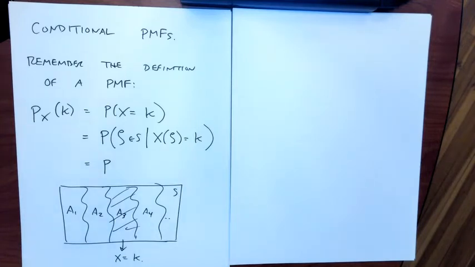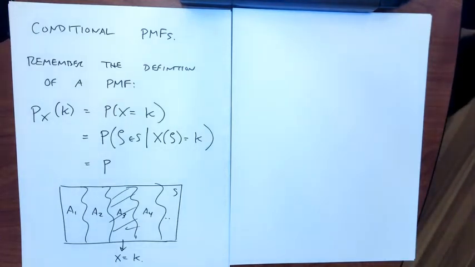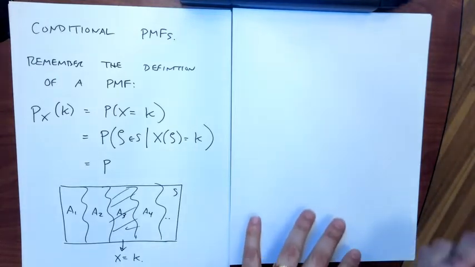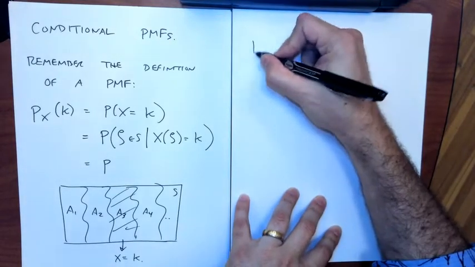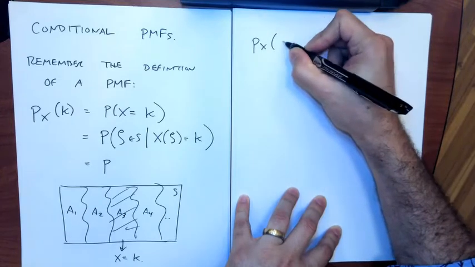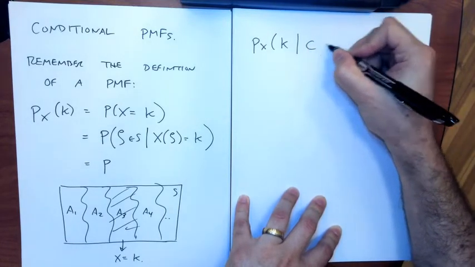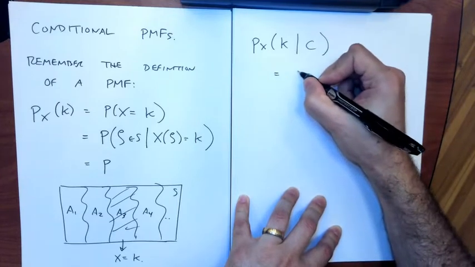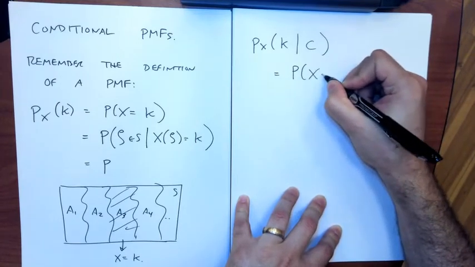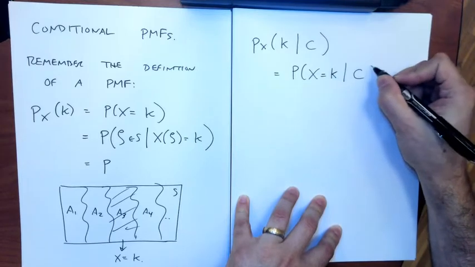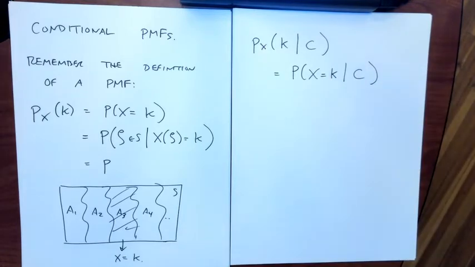And so now what I want to do is combine this concept of a PMF with the concept of conditional probability, okay? I want to be able to talk today about the probability that the random variable takes on some value given some condition, which is a different way of saying the probability that I get this value k given this other event.